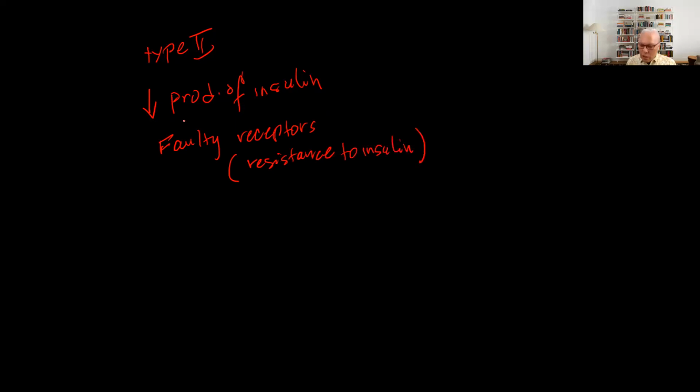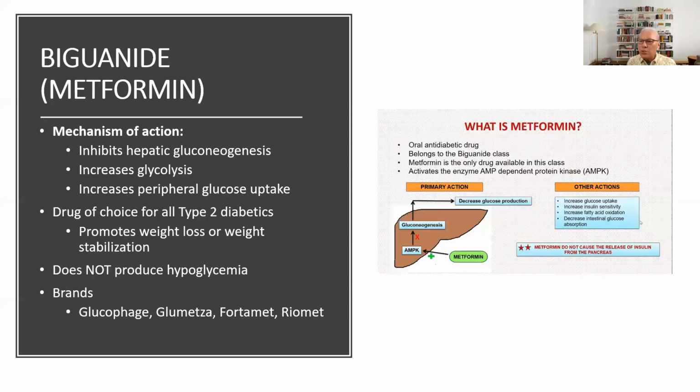So in here, as you could see, metformin is going to increase the muscle tissue sensitivity to insulin so that it could absorb the glucose for energy. Now, notice that it does not increase the secretion of insulin.